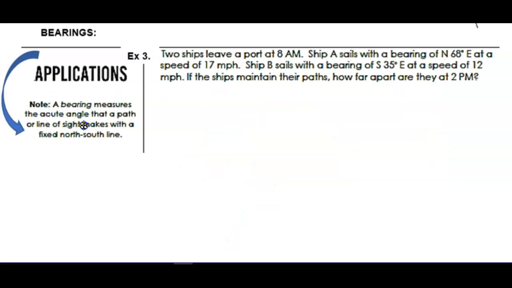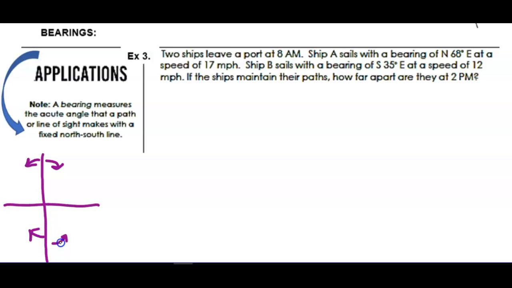All right, now we're going to talk about bearings questions. These are tricky. This question says a bearing measures the acute angle that a path or line of sight makes with a fixed north-south line. So we're always going to measure off of this north-south line, okay?